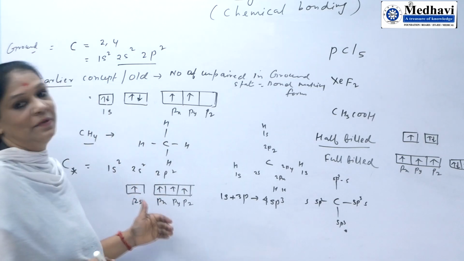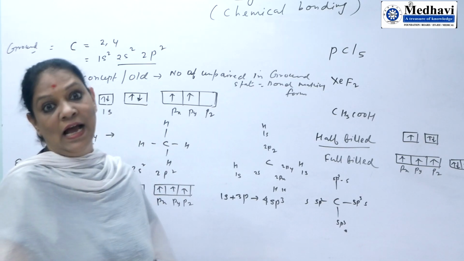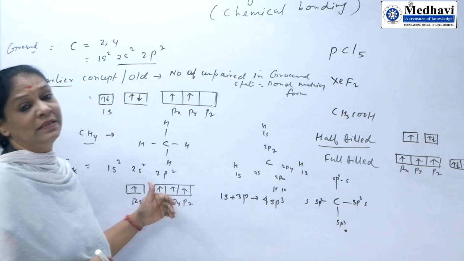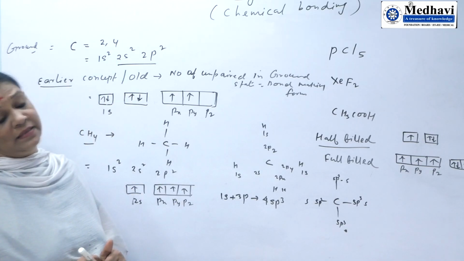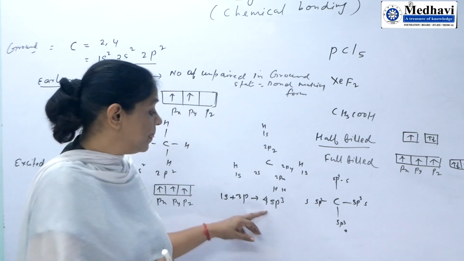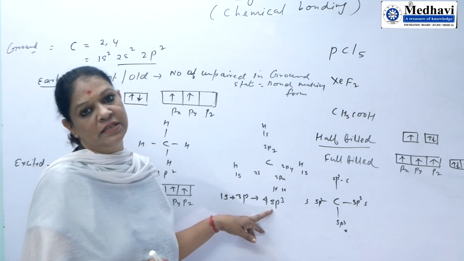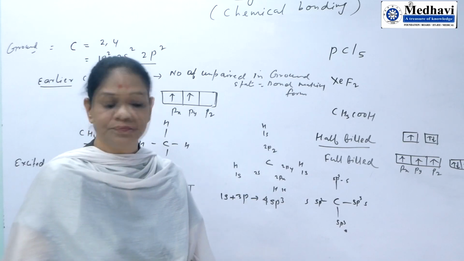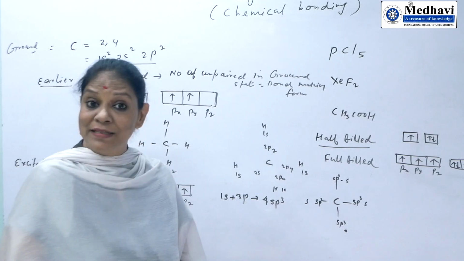So this concept is known as hybridization. Hybridization is a process in which intermixing of pure orbitals takes place and the number of hybrid orbitals formed is equal to the number of orbitals mixed. Very, very important. If you have 4 hybrid orbitals, it means 4 orbitals are mixed. If there are 2 hybrid orbitals, then 2 orbitals are mixed.